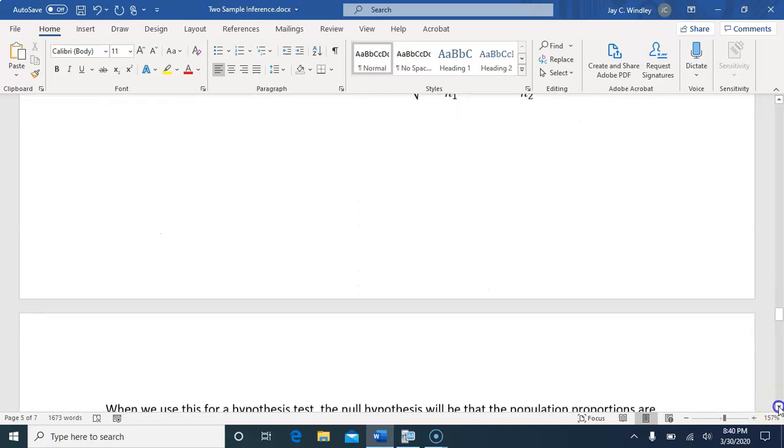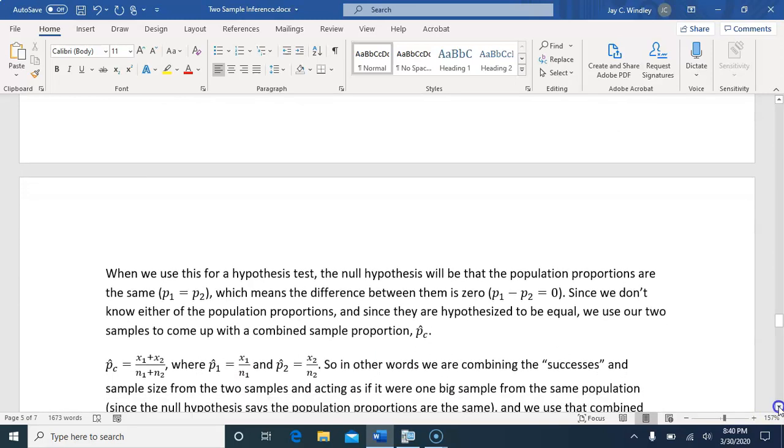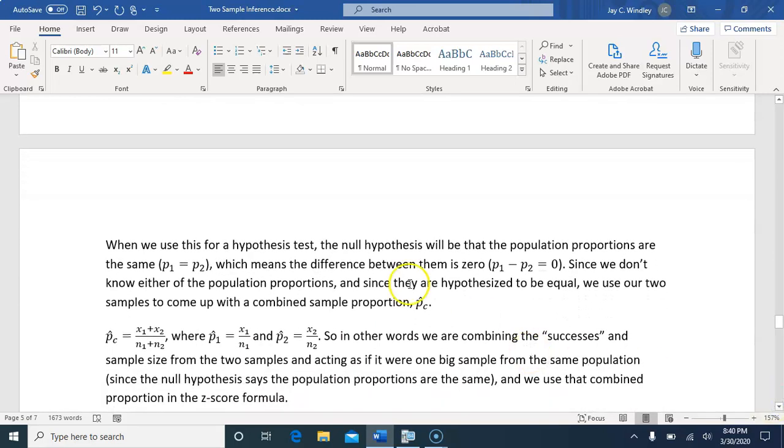Now, when we do a hypothesis test, the null hypothesis says that the two population proportions are equal, which means that their difference is 0. And the null hypothesis doesn't say what p1 is or what p2 is. It just says that they're equal. So since the hypothesis is that those two population proportions are equal, we're going to put our two samples together, the x and the n that would normally make up p hat 1 and the x and the n that would normally make up p hat 2.